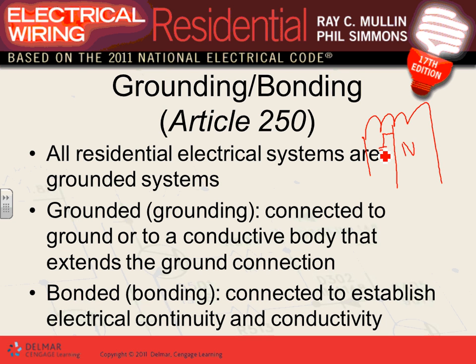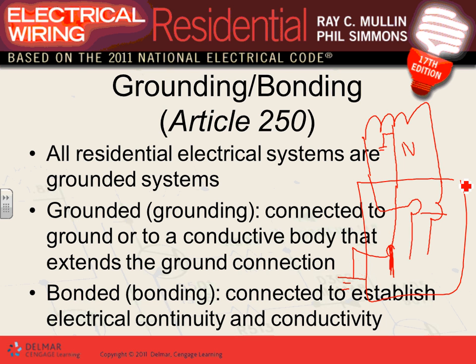They ground it here. Here's my service entrance conductor coming in. My neutral here is coming to the neutral bar, and I have to ground it. So this is inside my panel. This conductor, guys, is called the grounding electrode conductor. This is called the grounding electrode.